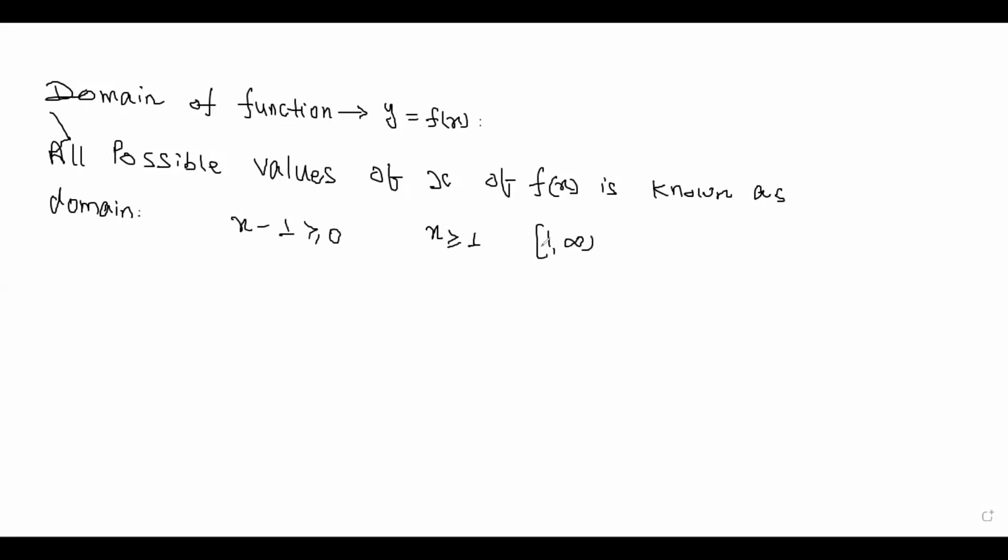You know about the closed bracket and open bracket. What is the closed bracket and open bracket? This is known as closed bracket, and this is known as open bracket.